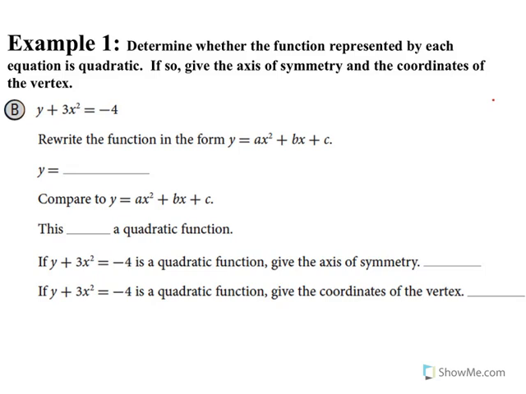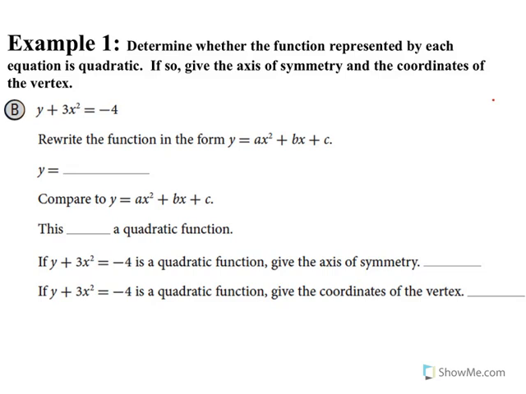Example 1. Determine whether the function represented by each equation is quadratic. If so, give the axis of symmetry and the coordinates of the vertex. So for example, we need to rewrite this equation.